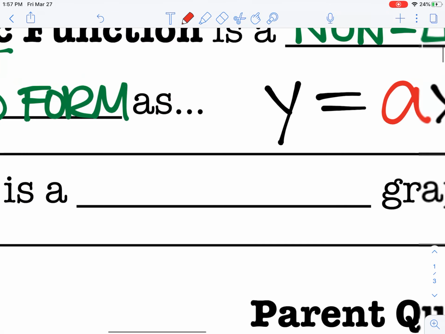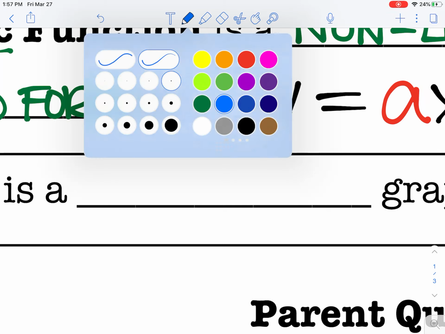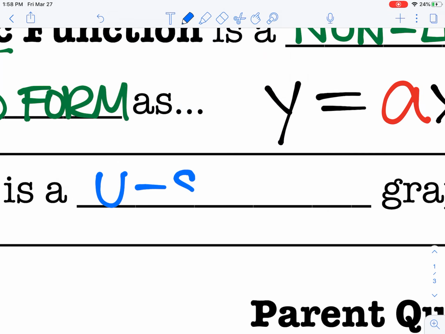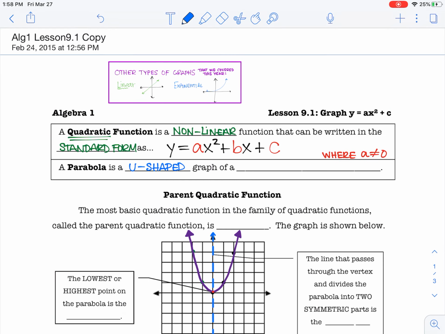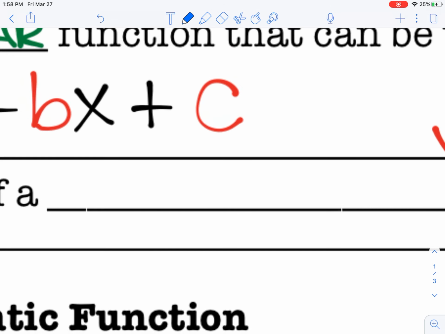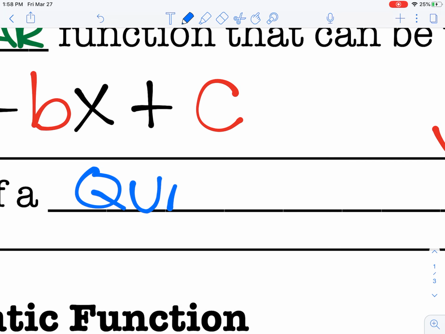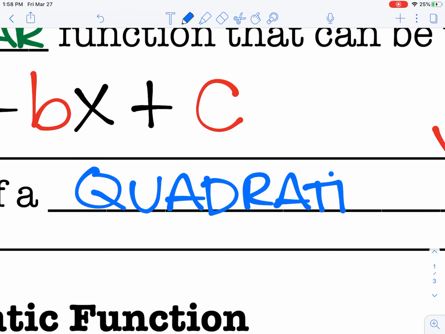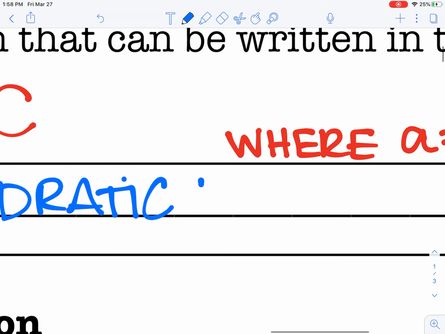When we look at them, they are U-shaped in nature. And again, this is related to what we like to call a quadratic, things where the largest degree is 2.